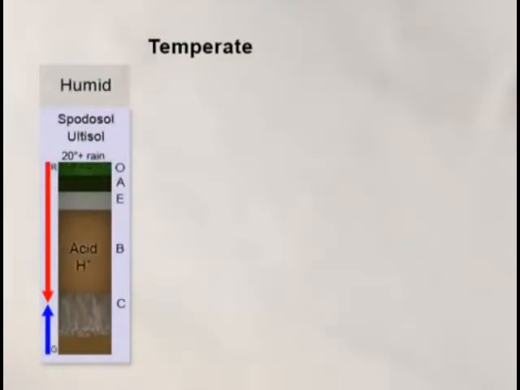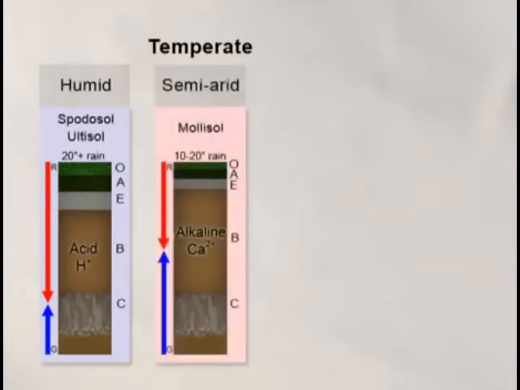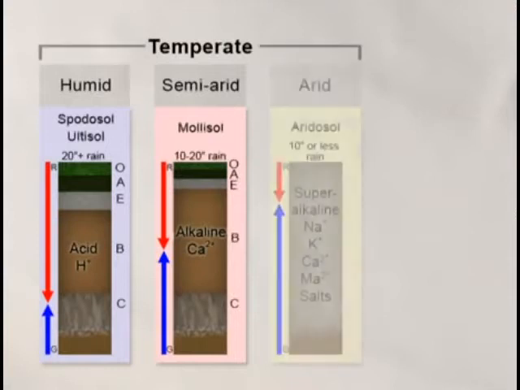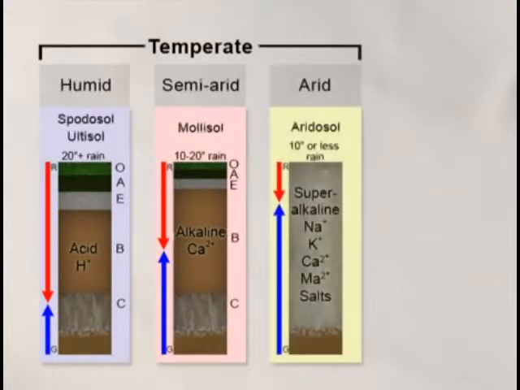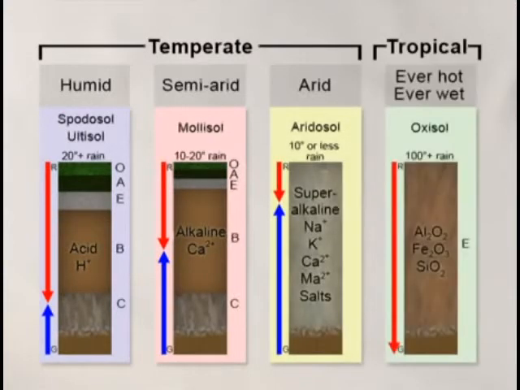We don't need to deal with the polar, because there really aren't soils as we've been talking about in the polar region. So we'll simply concentrate on temperate climates and on the tropical climate. The temperate, again, would be humid, the spodosol and alfisol, semi-arid, mollisol, arid, aridisol, and of course over there in the tropics we have the oxisol.